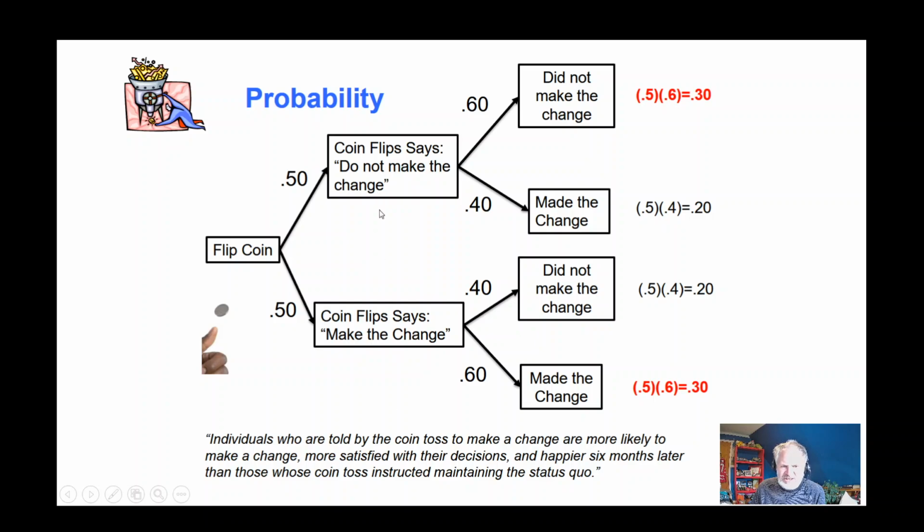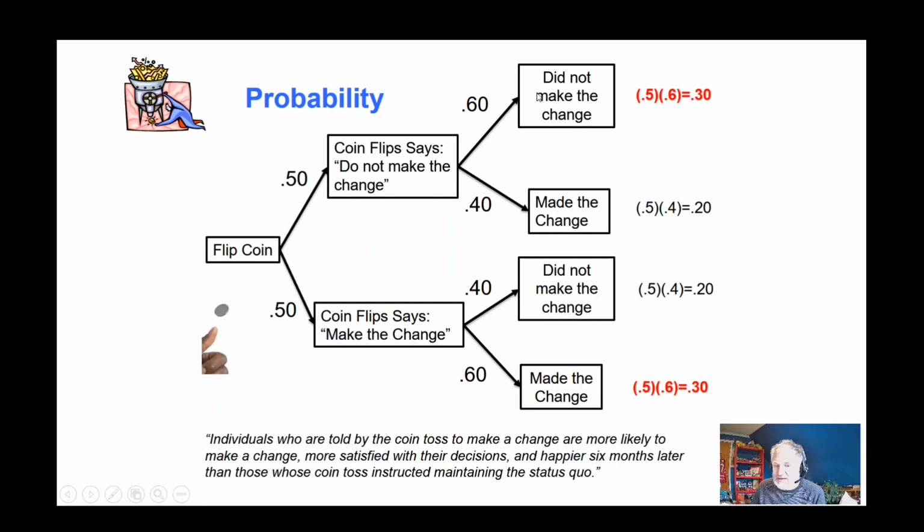The first decision is from the coin: the coin says make the change, or do not make the change. Once this decision is made, then there's a second decision. If the coin says make the change, the person either made the change or they did not make the change. For those 50 people where the coin says do not make a change, those people actually made a decision.